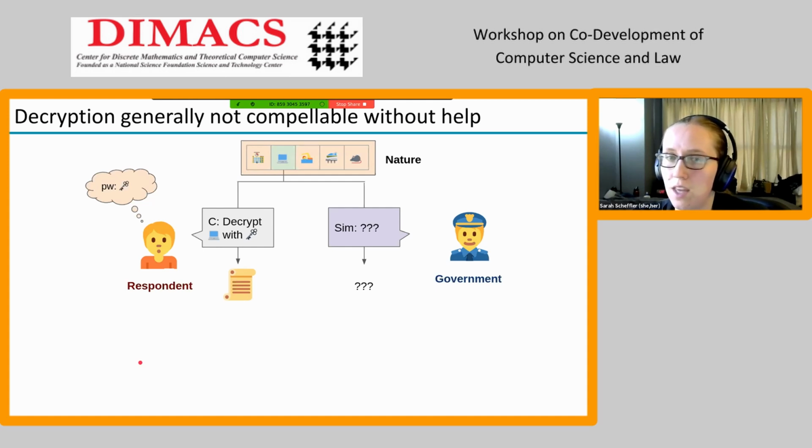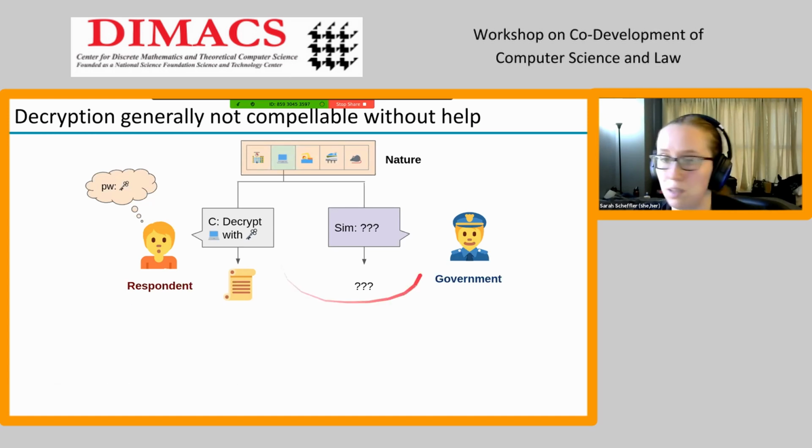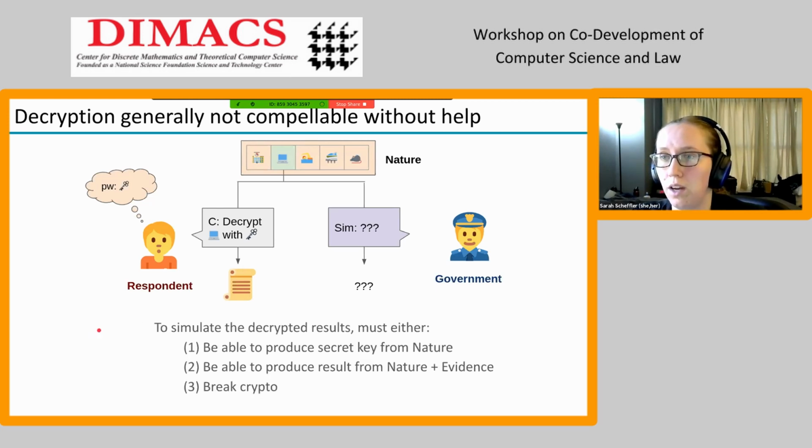And we find that generally decryption is not compellable under this definition, because decryption can't really be simulated except for a couple of exceptions. So there are times when the simulator would be able to produce these results, and roughly speaking, you can break them down into one category where you could produce the secret key from nature.